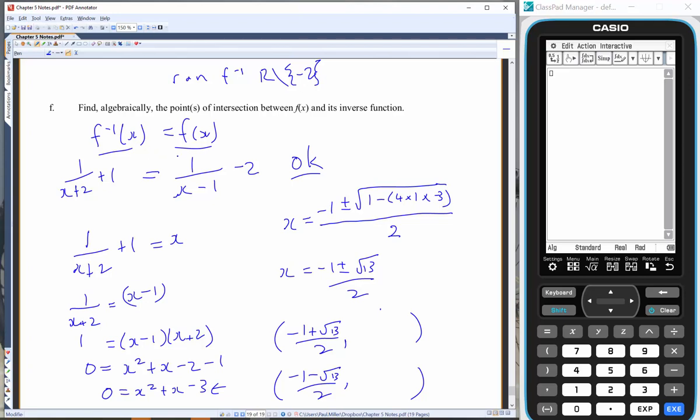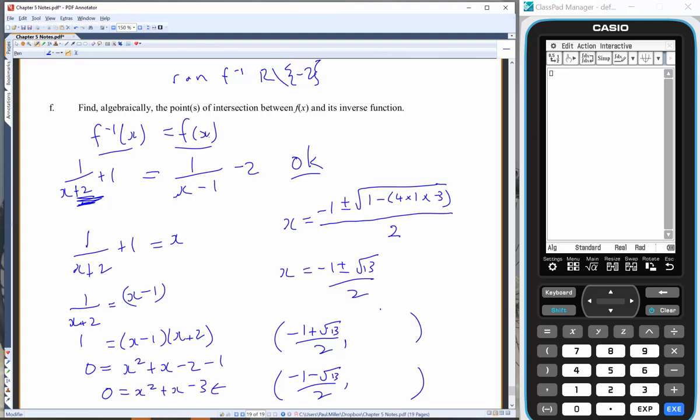there's an easy way to do this, because between you and me, I'm not putting -1 plus root 13 on 2 into the function. I'd have to substitute that, then do all the processing to find out what y is. Now, can you think of an easier way?